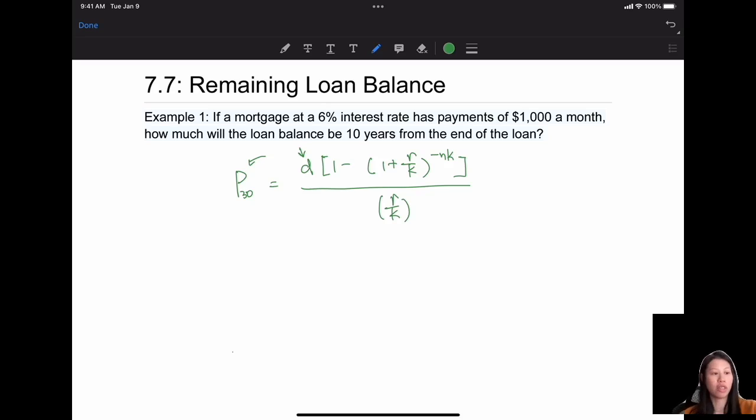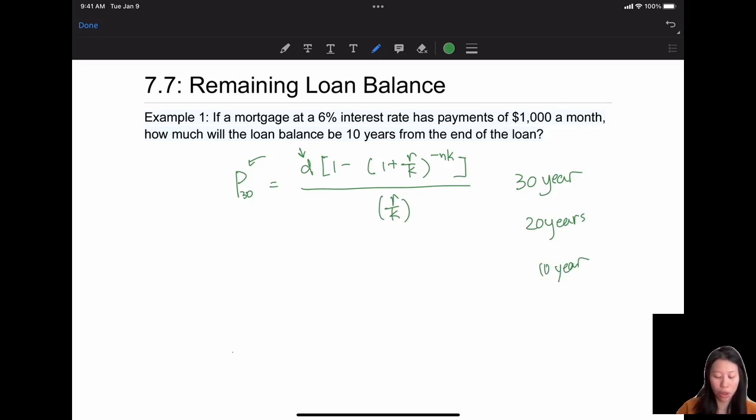We can use the same idea and think about how many years remain in the loan, so we will know the remaining balance. For example, you have a 20-year mortgage, and you've been paying 10 years. That means you only have 10 years left.